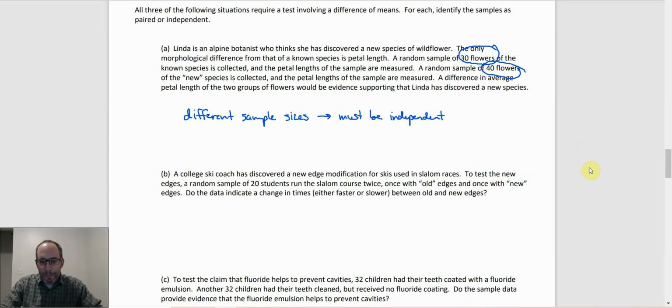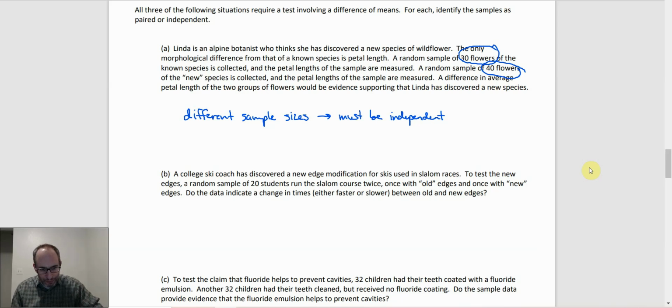All right, B, with the skiing, so we have 20 students running the course twice, once with old edges, once with new edges. So if everybody does it twice, you got two measurements for each individual. That's a pretty natural way of pairing things up, right? Every person's got the measurement with the old edges and the measurement with the new edges.